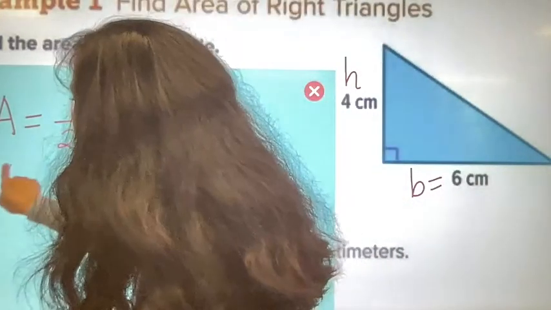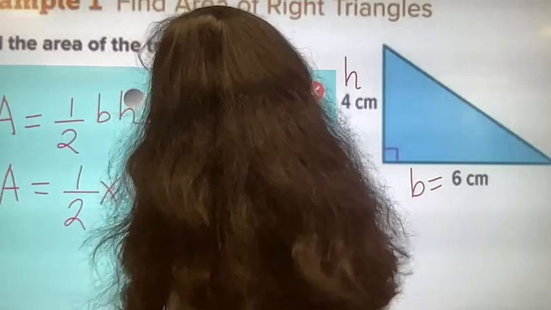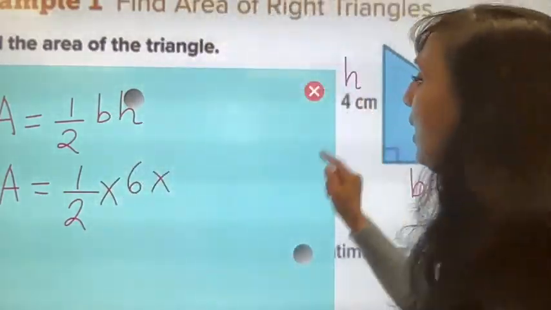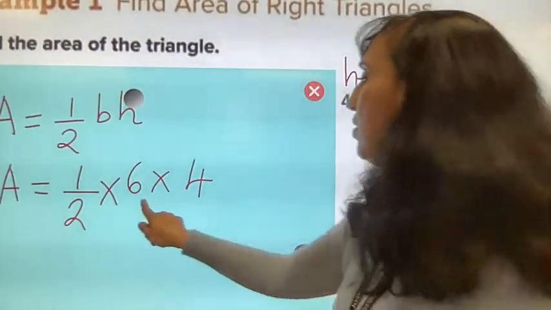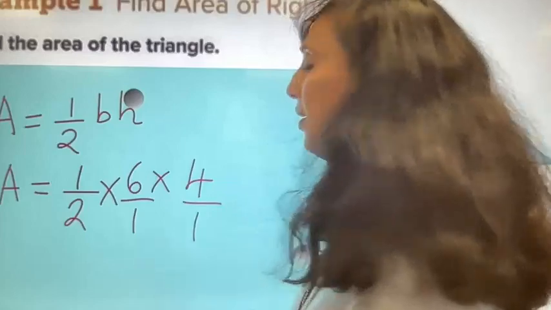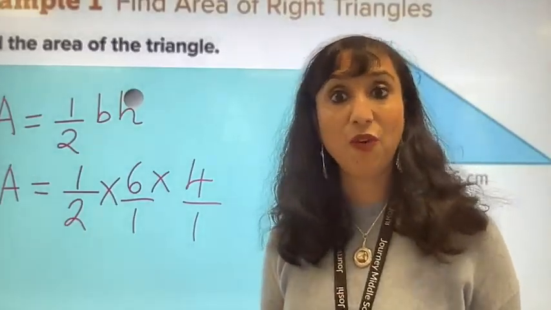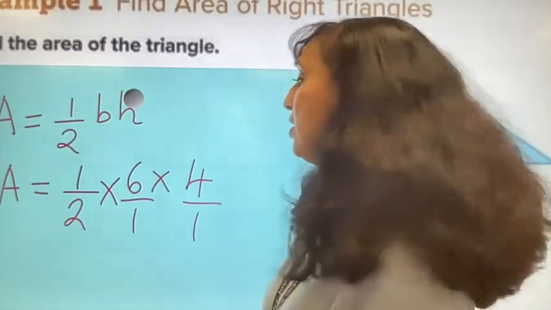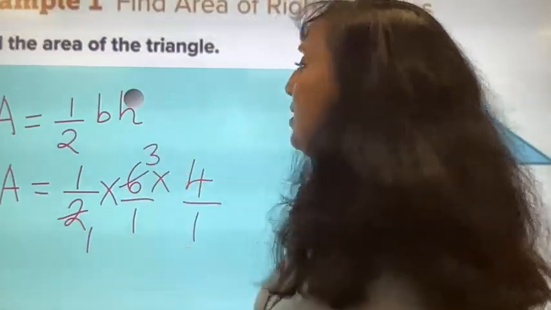So I'm going to substitute the values. 1/2 times 6 times my height, which is 4. And so this is literally saying 1 over 1. And then I know that I can simplify before I multiply. So 1 times 2 is 2 and 3 times 2 is 6.